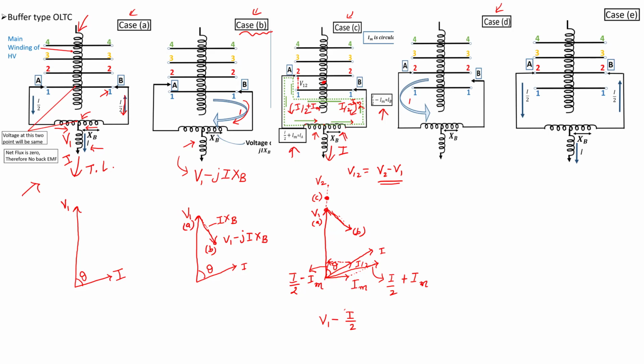So there will be no drop due to I by 2. Now we have to consider only Im here. So let me first write the complete equation: V1 minus (I by 2 minus Im) into jXb. This is j, because why is j required?